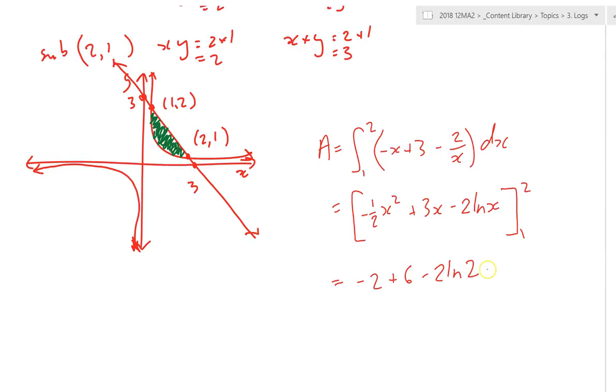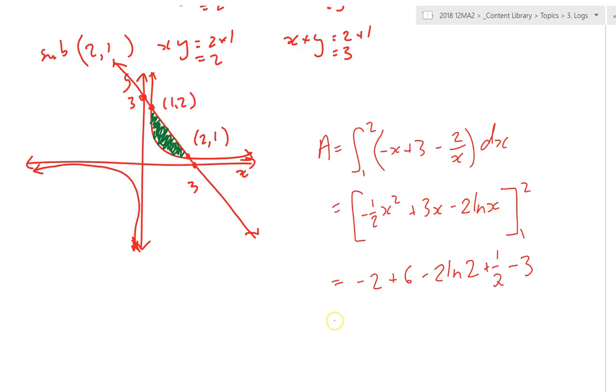Now subtract the 1s. 1 squared is 1, negative half, so that's plus a half. Then subtract 3 lots of 1, minus 3. Log of 1 is 0, so I don't have to worry about that.